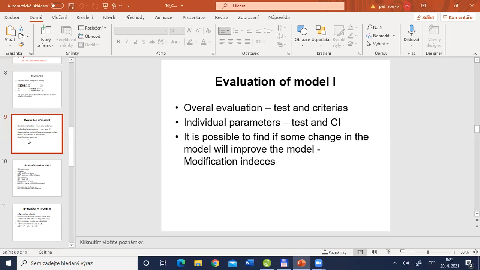If I'm computing my model, there is also an option in structural equation models to find whether there could be some change in my model that could help my model. It would decrease the chi-square test criterion and improve the quality of the model. For these occasions, we are using so-called modification indices. We would discuss these indices and their usage at the end of our current model.